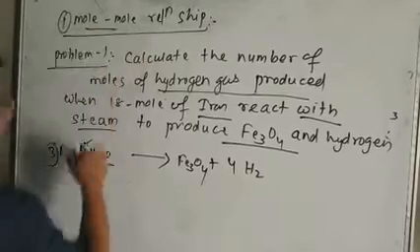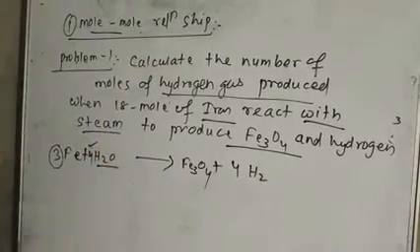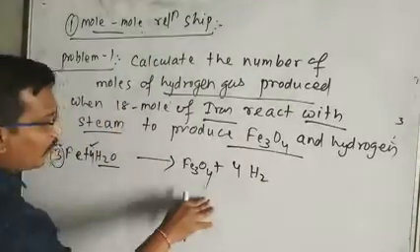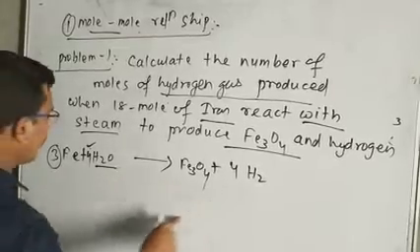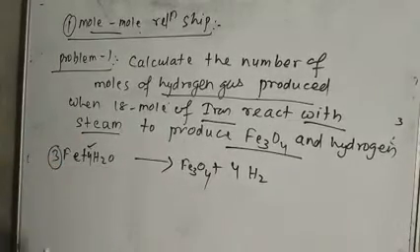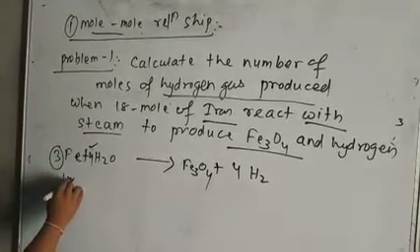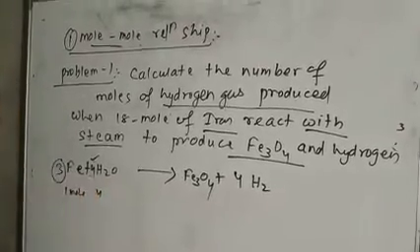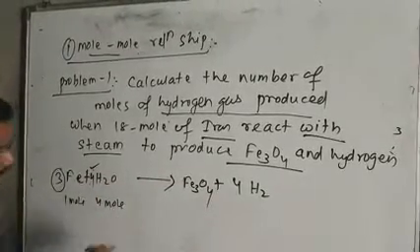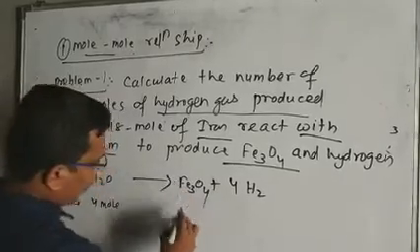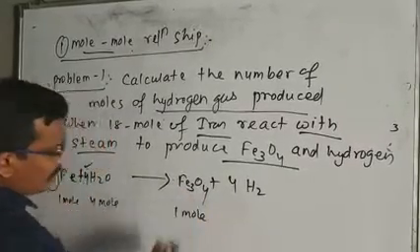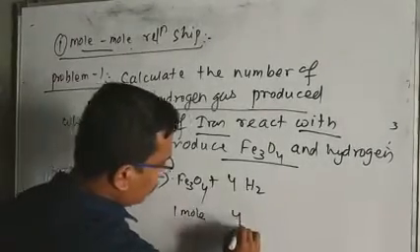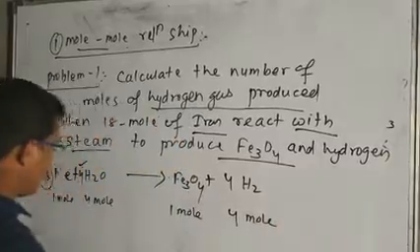Here, for the mole relation, the first step is to write the mole relationship among them. Since the coefficient is 1, we can write 1 mole of Fe3O4, and since it is 4, 4 mole of water, and 4 mole of hydrogen.